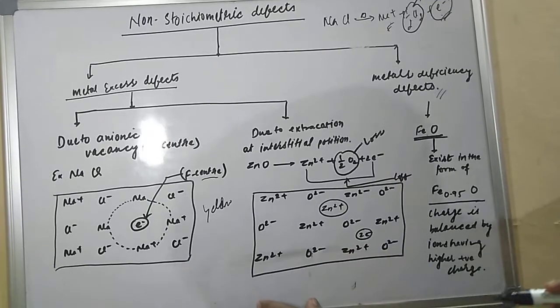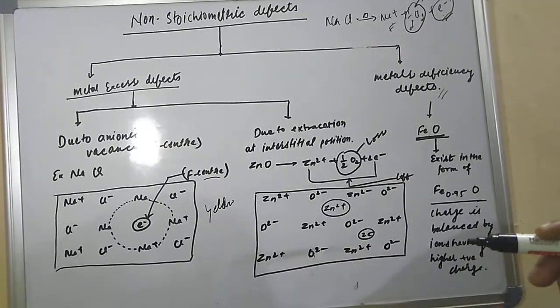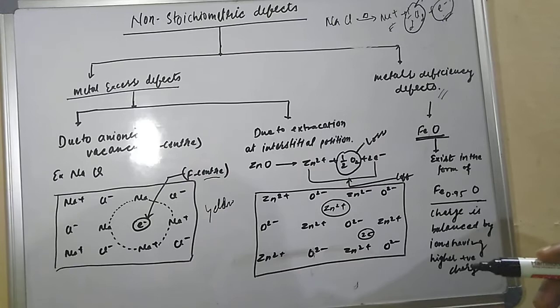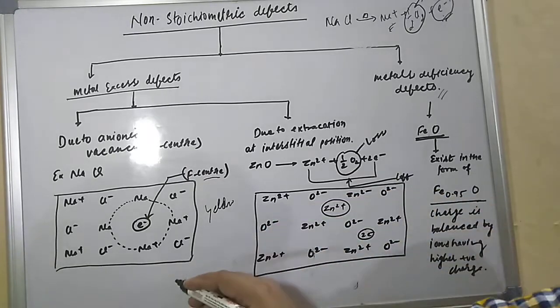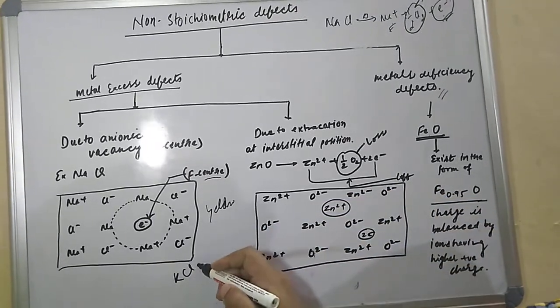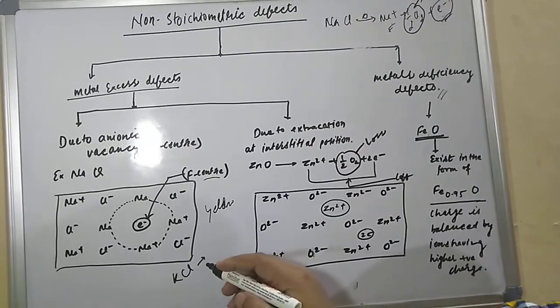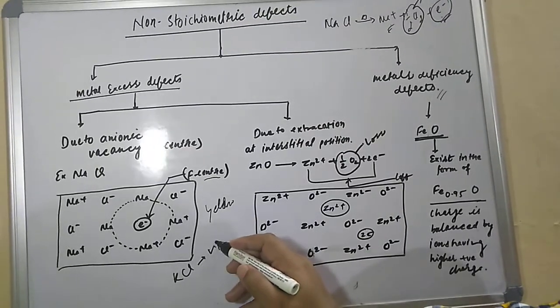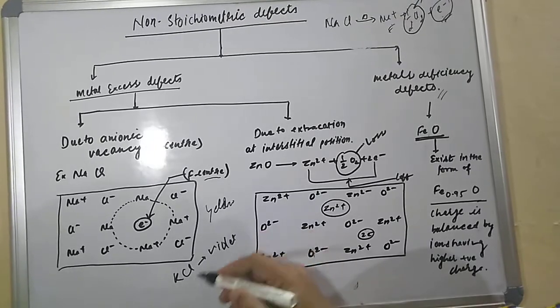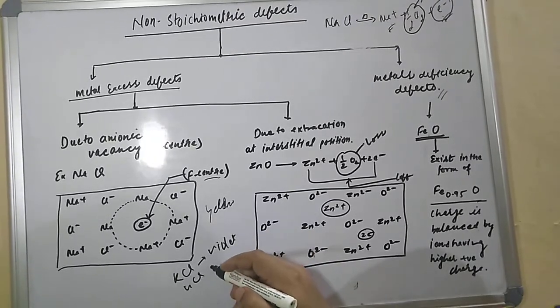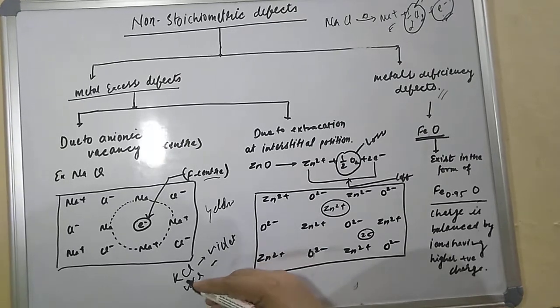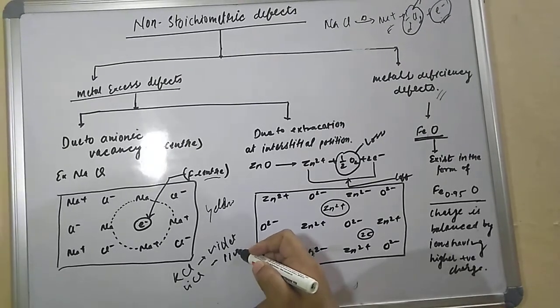There are so many examples for this type of defect. If you take the example of the F center, NaCl will give the yellow color, and similarly KCl will give the violet color, while LiCl will give the pink color.